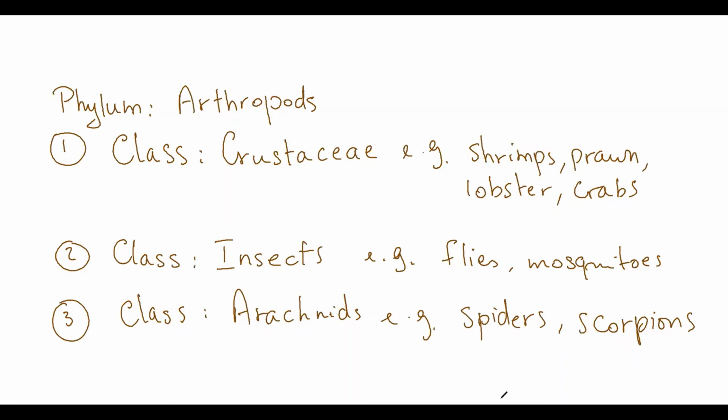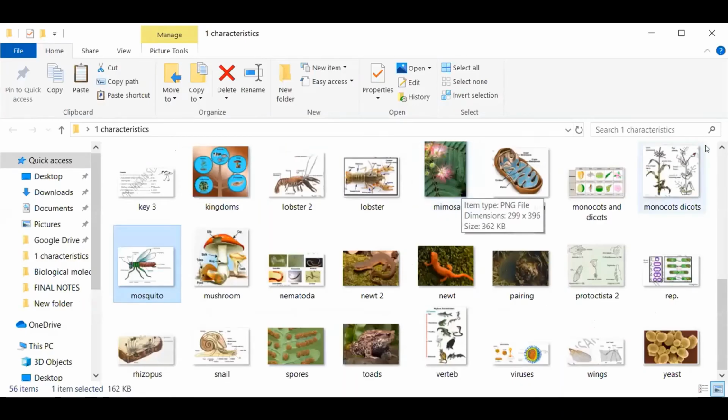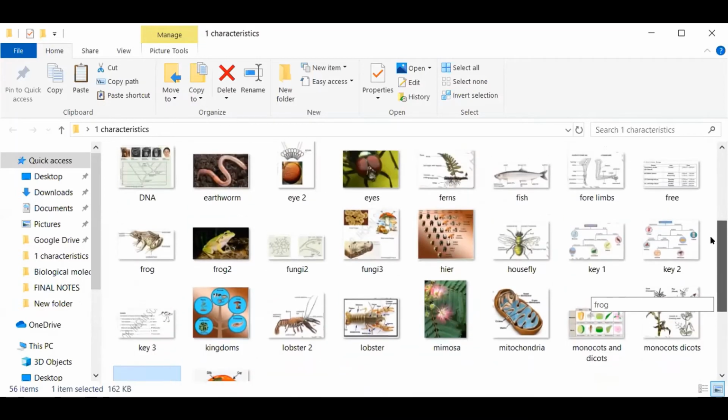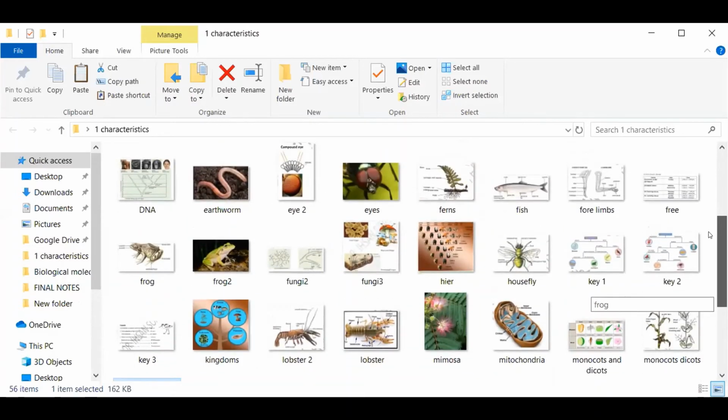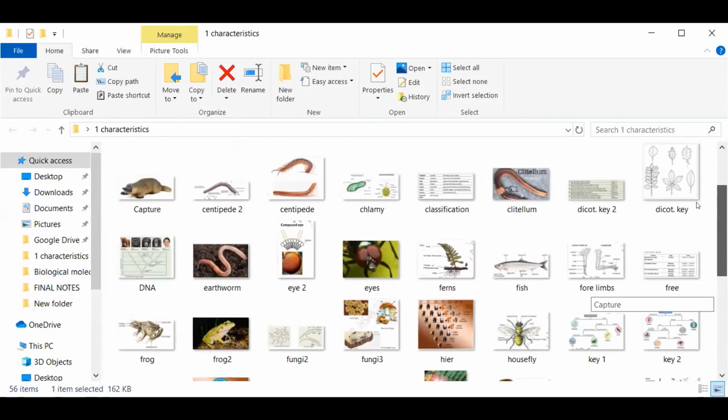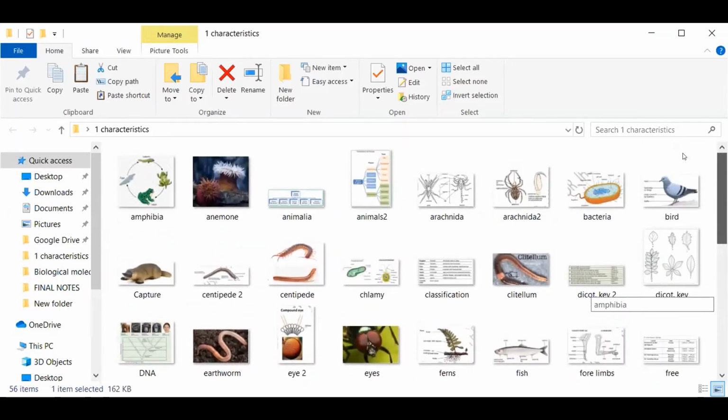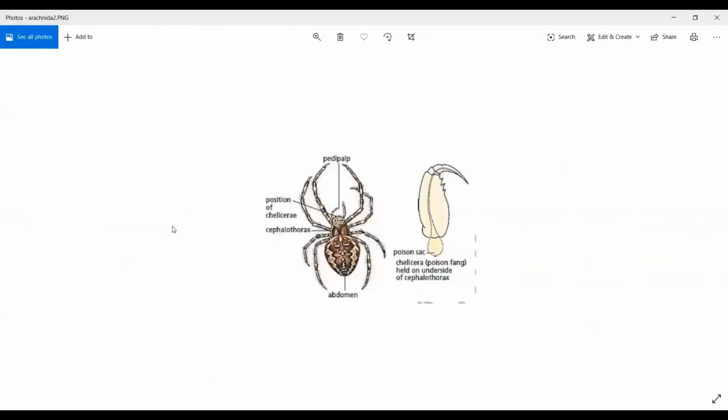Let me put this picture. And here a question always comes in this part. I'm going to explain it now. But let me add the picture. By the way, I found the housefly. There is the spider. Here it is. This is a spider.